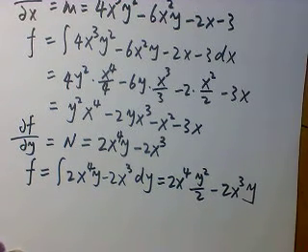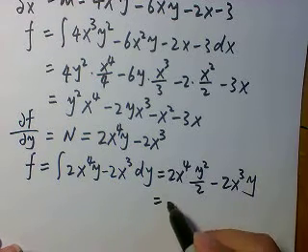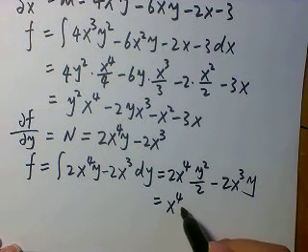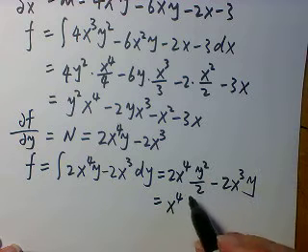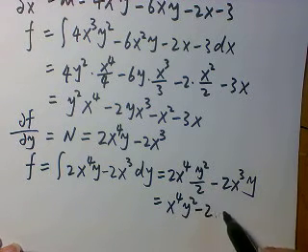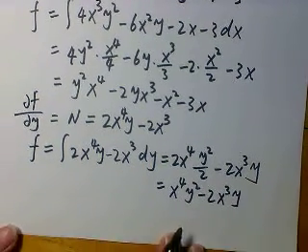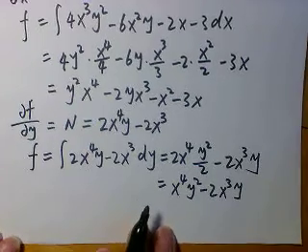So we get x to the power 4 y squared minus 2x cubed y.